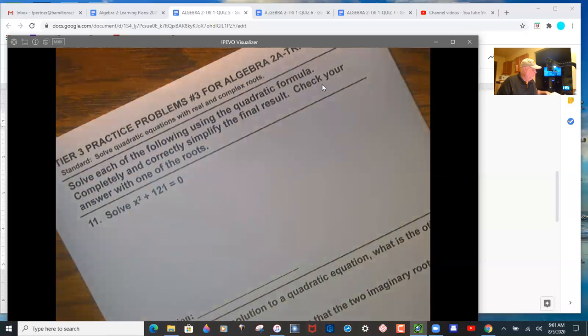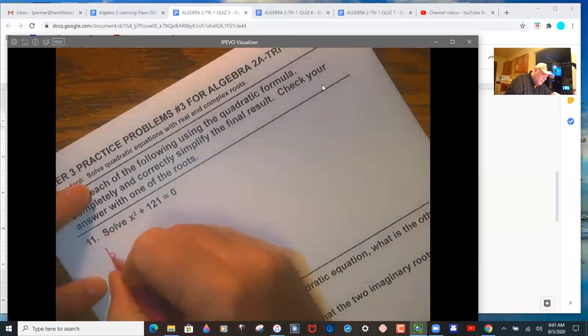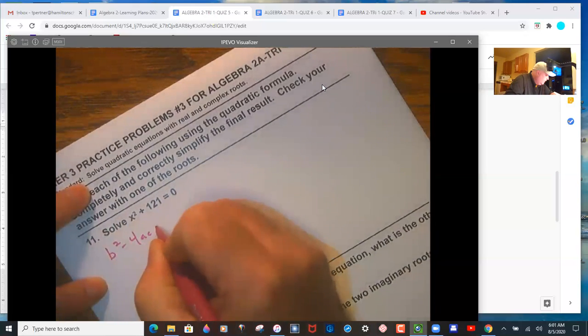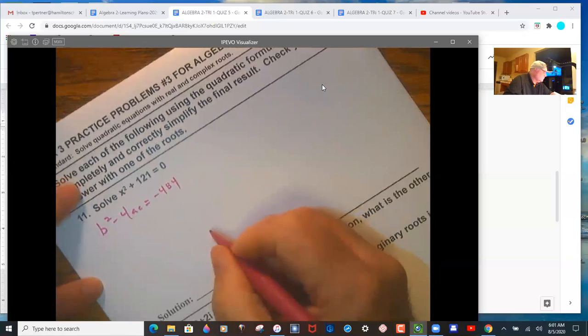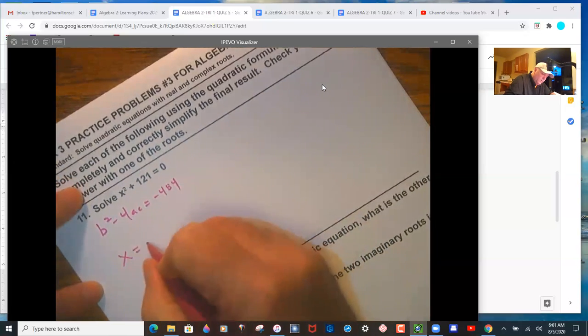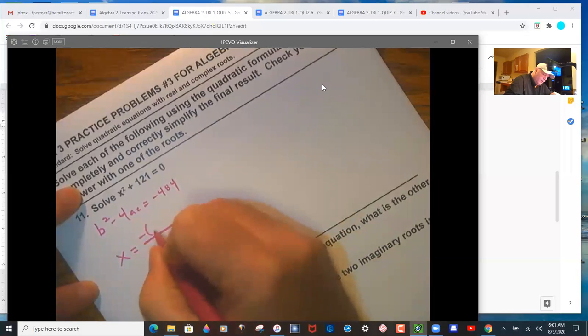Okay, third page. So now this is our imaginary page here. So b squared minus 4ac is negative 484 on this. Okay, so b is 0.